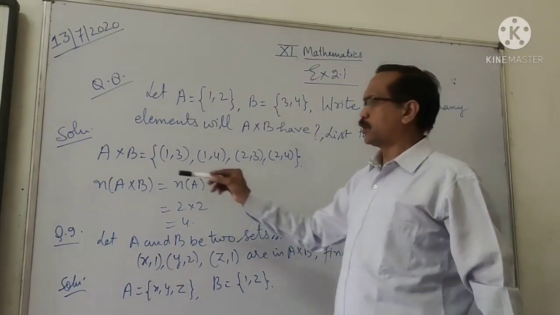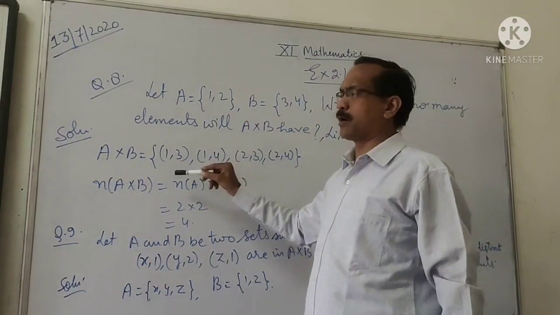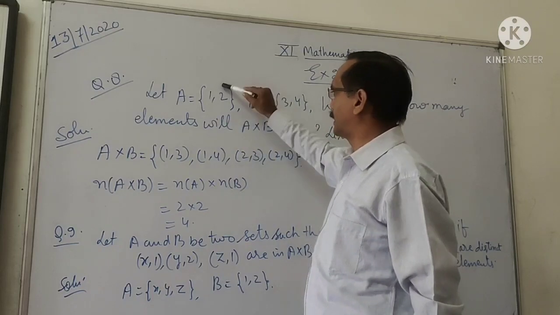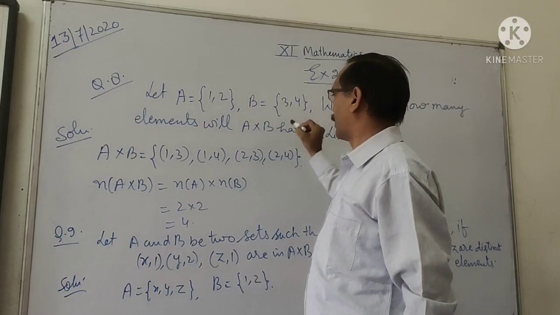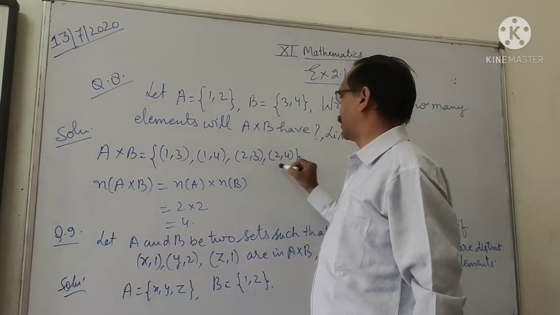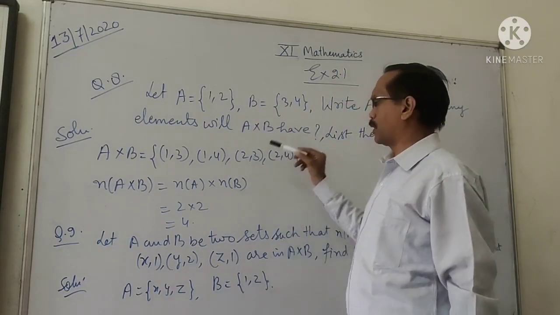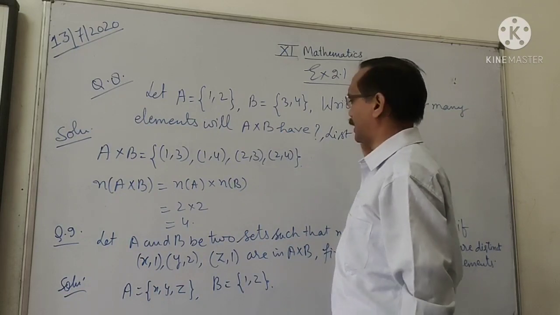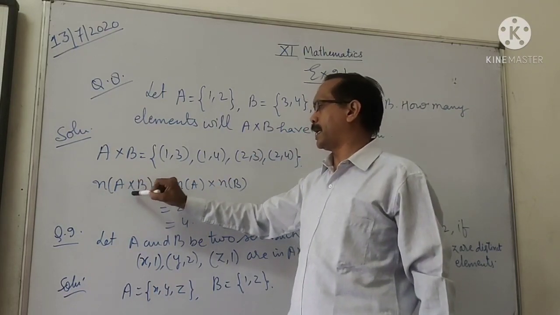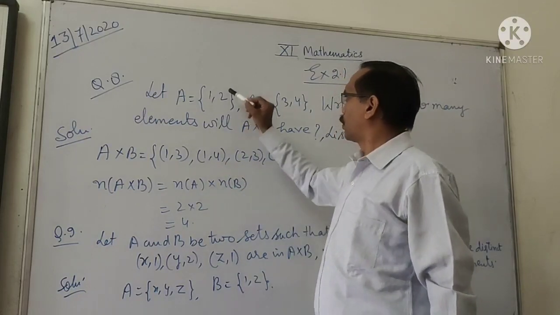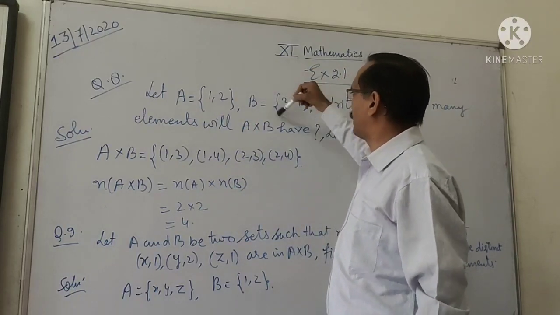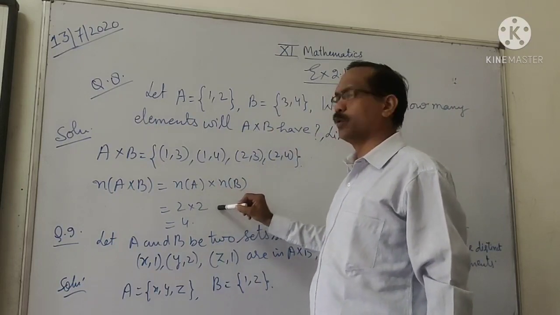A cross B is the set of ordered pairs of the elements of A and the elements of B. It is (1,3), (1,4), (2,3) and (2,4). Now the number of elements in A cross B is n(A) times n(B). There are 2 elements in set A, 2 elements in set B, so it is 2 times 2, or 4.